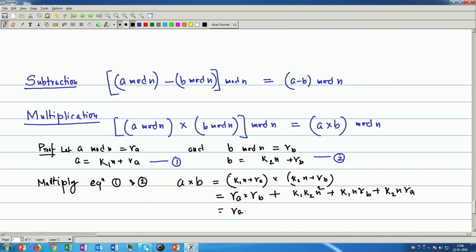So, this will be R_A into R_B plus, if I take n common, n times k1 k2 n plus k1 R_B plus k2 R_A.